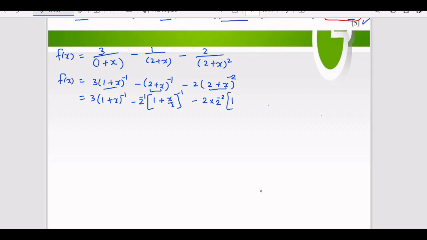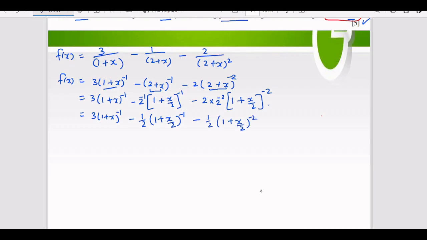So inside we will have (1 plus x over 2) power minus 2, right? So now this is going to be minus 1 over 2, (1 plus x over 2) power minus 1, and this is going to become 1 over 2 and (1 plus x over 2) power minus 2.